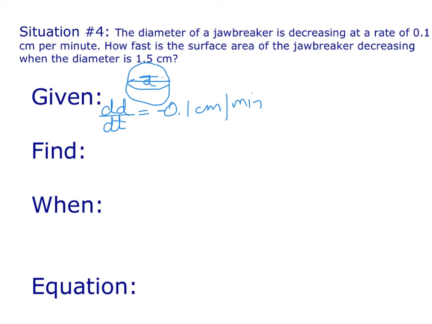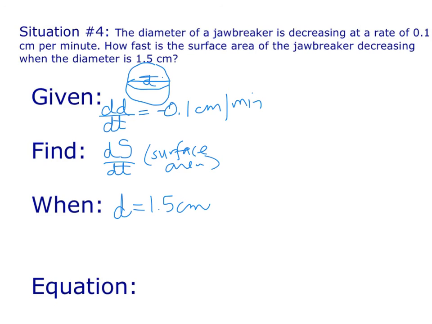We want to find the surface area. How fast is the surface area decreasing? So I'm going to call that dS/dt for surface area, and you might just make a note that that's surface area. Okay, when the diameter is 1.5 centimeters.